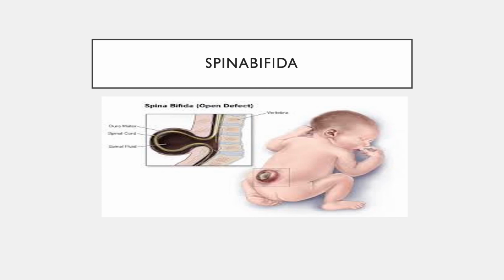Maybe we can reduce the sac to its position by surgery and suture the skin above it. But in many cases, it leads to paralysis of the baby's legs in the lower part. Or it may be mild and lead to limping only, or he may have a life like normal babies. It depends on the severity of the case.